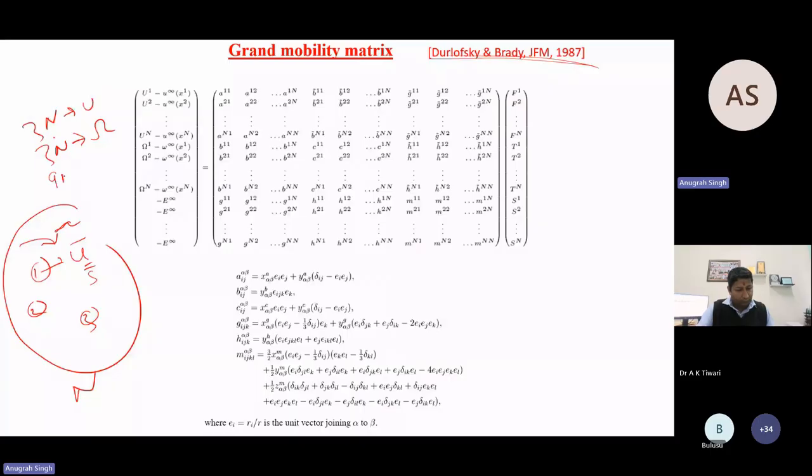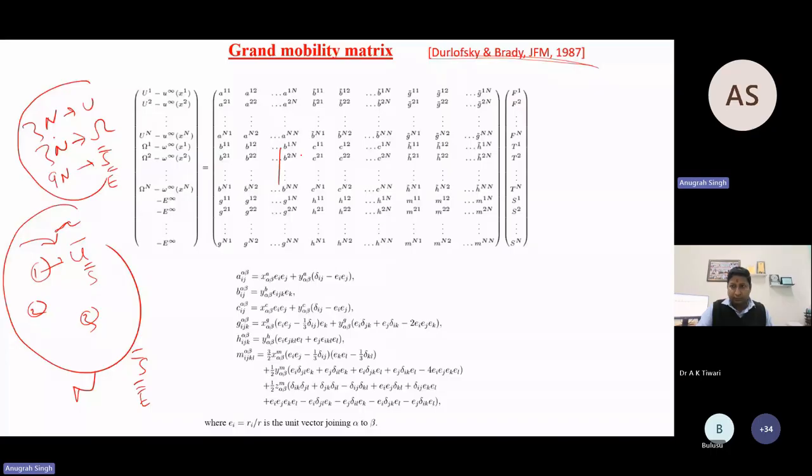S or E is second order. It has 9 components, but they are symmetric and traceless, so it reduces to 5 components. So in 3D, if you take advantage of symmetry and tracelessness, 3, 3, and 5 make 11. So this will be 11n by 11n.